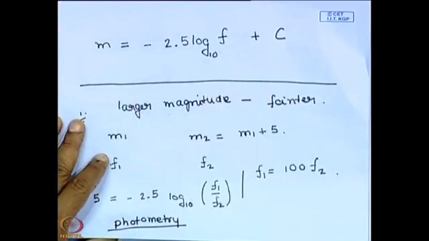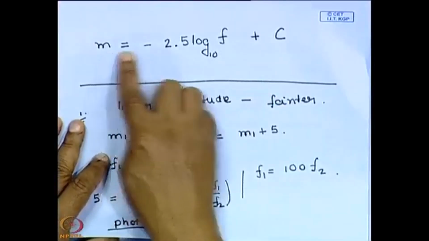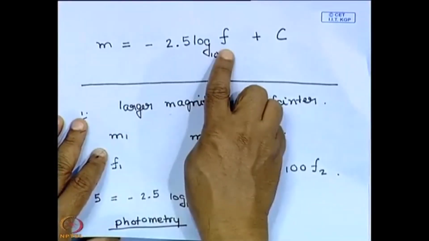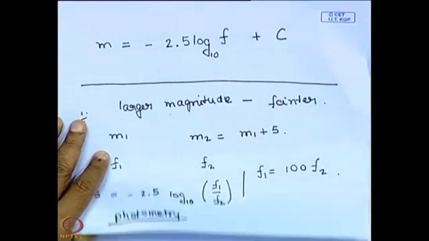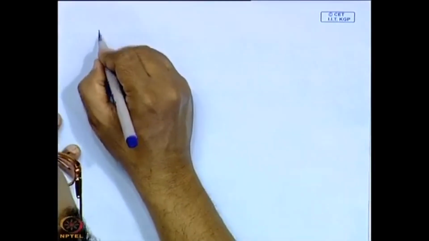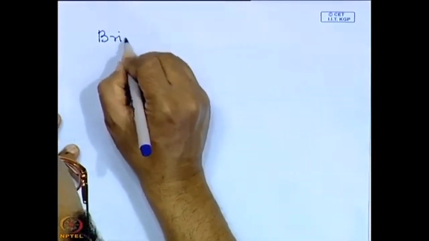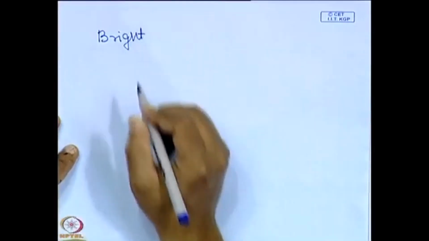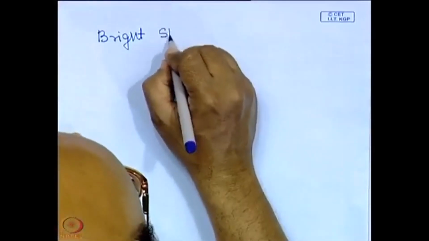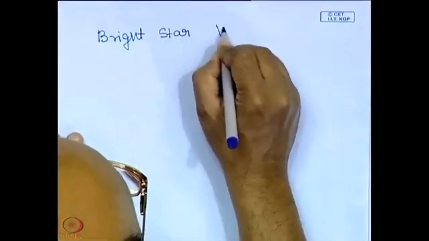Unless you know that, you will never know how to convert the measured magnitude into a flux. So the 0 is determined using a bright star called Vega.